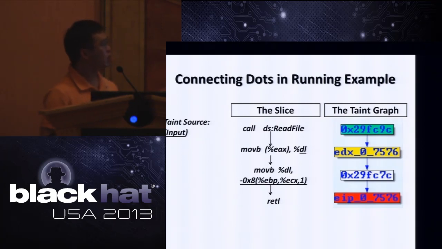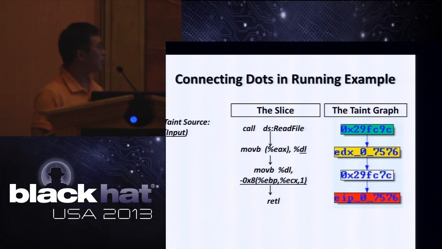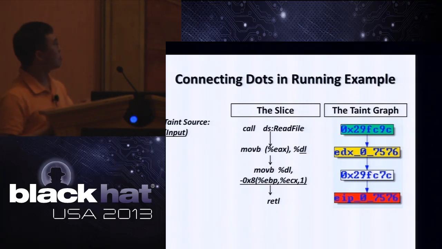Each node of the Taint graph represents a byte, either a memory location or one byte in any register. And we also encode the registers with thread information and sequence information. And we use different colors. The green color, usually we use that to represent the Taint source. We use red color for the sink.